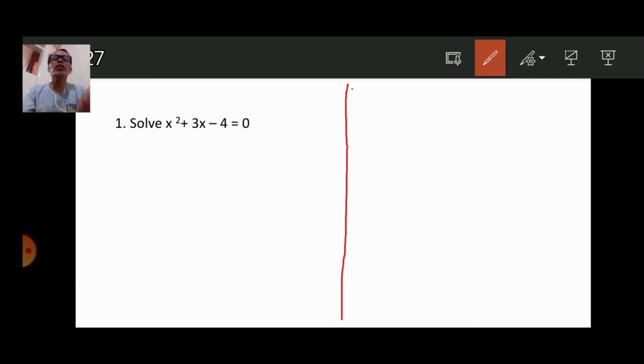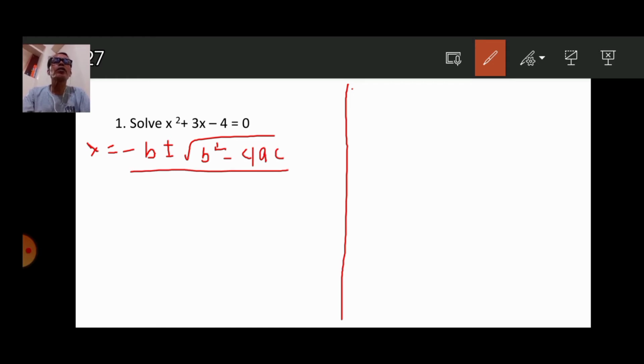So the quadratic formula is in the form x is equal to negative b plus minus the square root of b squared minus 4ac all over 2a.